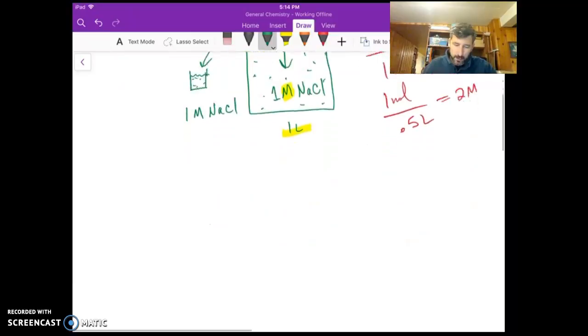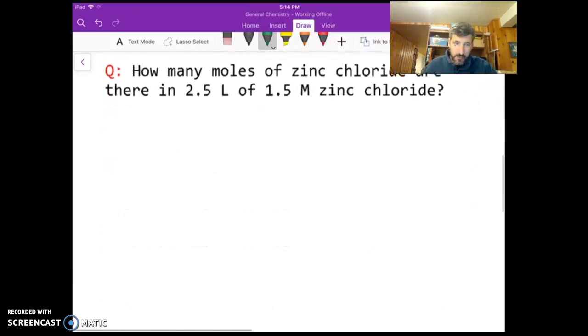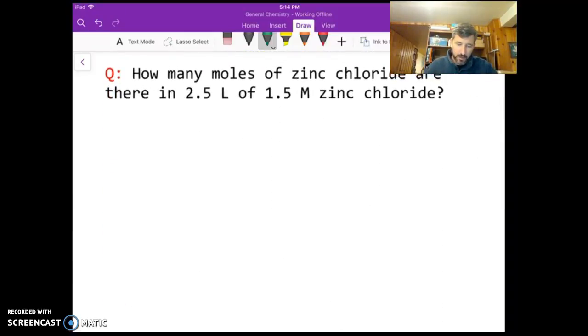So let's take a look at a question that we might have to answer. How many moles of zinc chloride are there in 2.5 liters of 1.5 molar zinc chloride? We're going to do this as dimensional analysis, and I'm going to start with 2.5 liters of ZnCl2. Now, you might be questioning, why would you start with the liters?